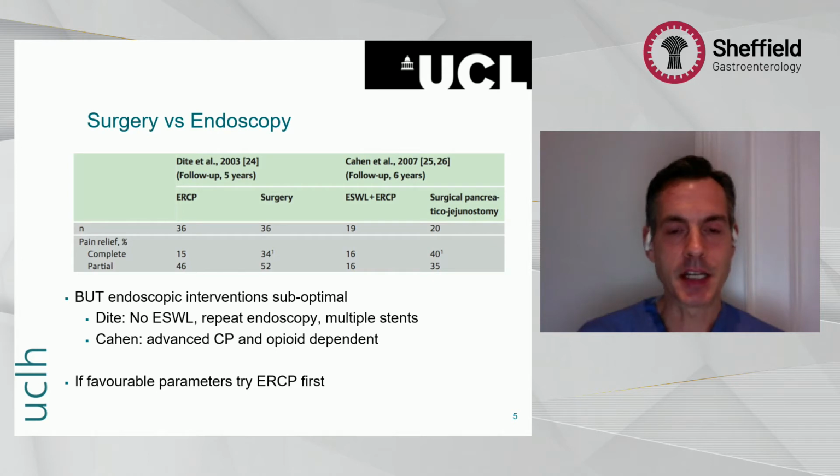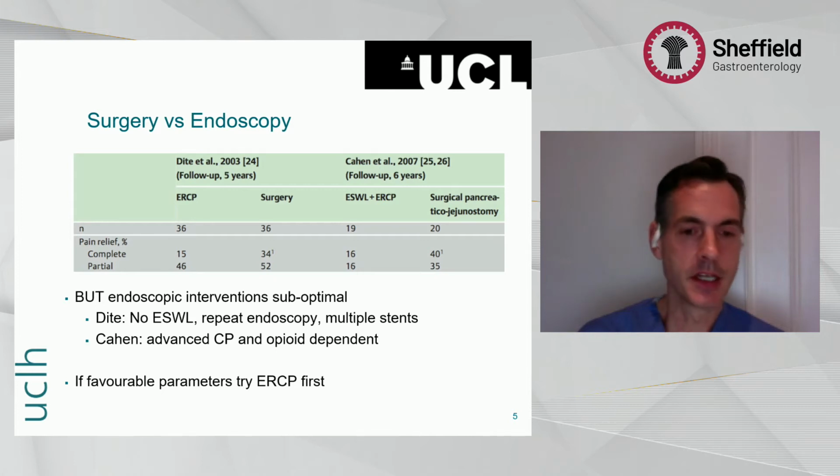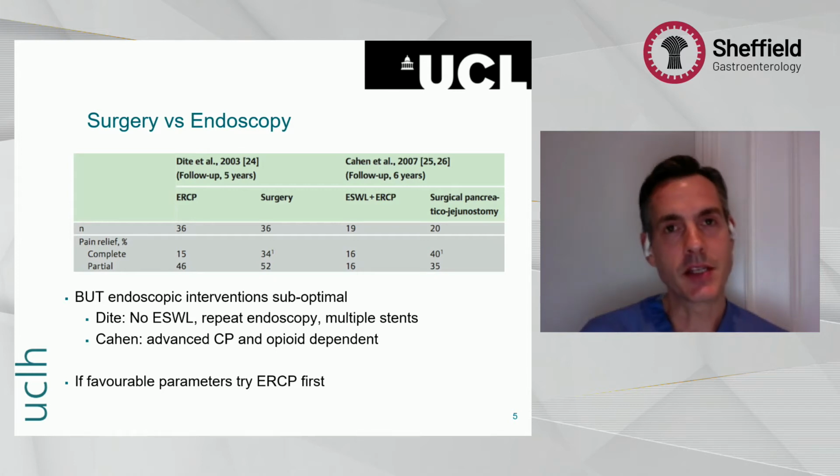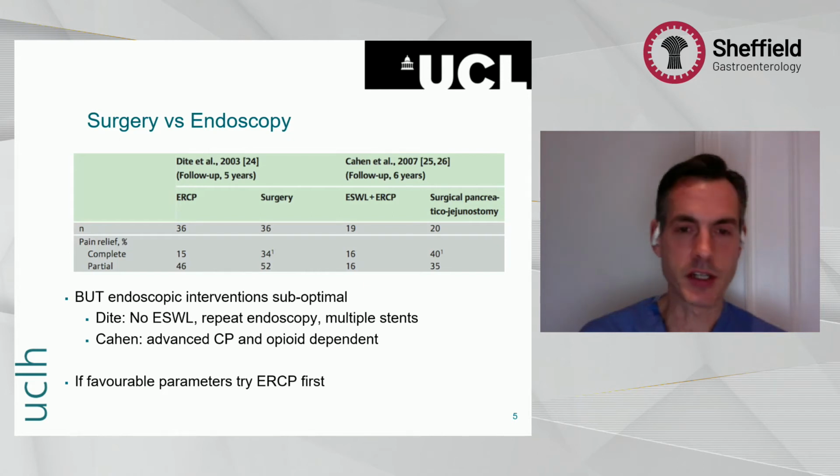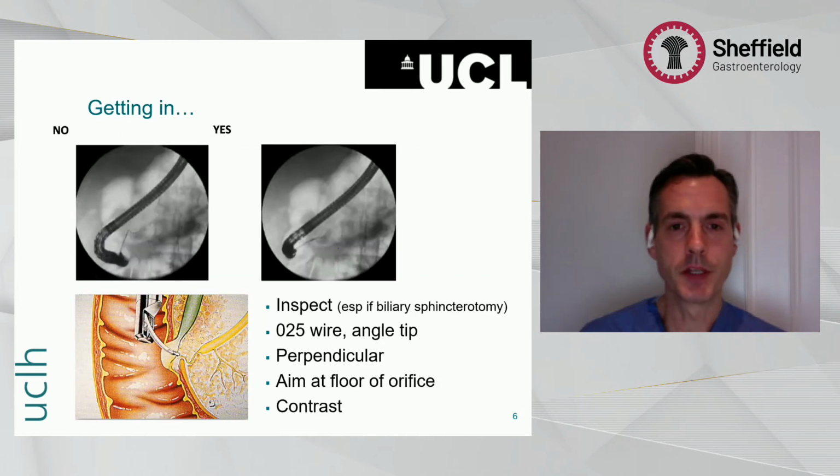And then in the Cahn study in 2007, these patients really were very, very advanced with chronic pancreatitis, where ERCP is probably more doomed to failure, and they were also opioid dependent. So I have to say in 2021, if there are favourable features, then I think it's reasonable to try ERCP first, and we'll probably have a bit more debate about that with Christopher later on, I very much hope.